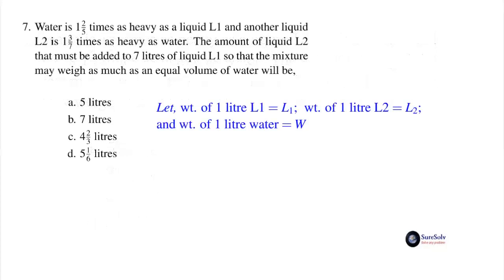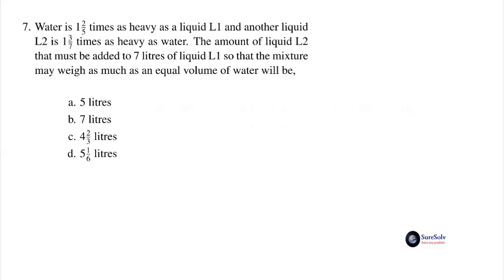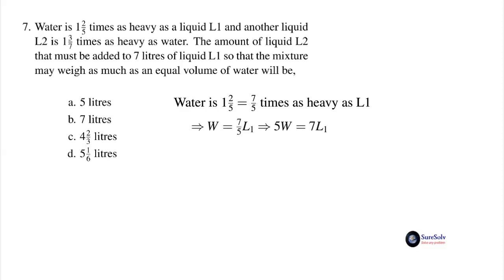Let weight of 1 liter of liquid L1 be L1, weight of 1 liter of liquid L2 be L2, and weight of 1 liter of water be W. As water is 1 2/5 times or 7/5 times as heavy as liquid L1, the per liter weights of the two are related as W equals 7/5 L1 or 5W equals 7 L1. Again, liquid L2 is 1 3/7 or 10/7 times as heavy as water, and so the per liter weights of the two are related as L2 equals 10/7 W.